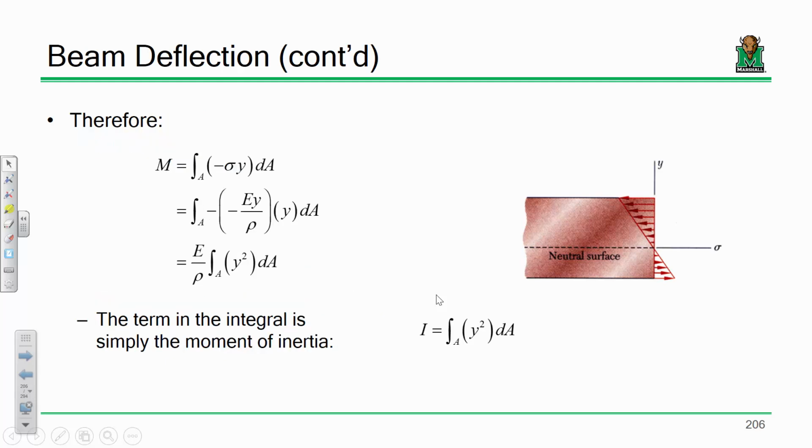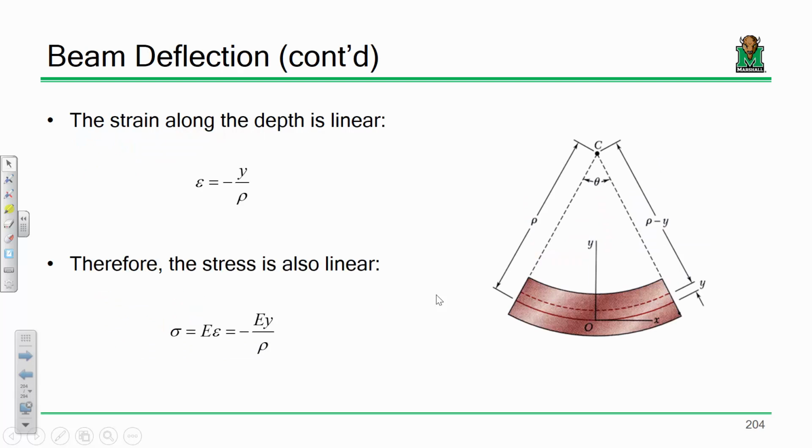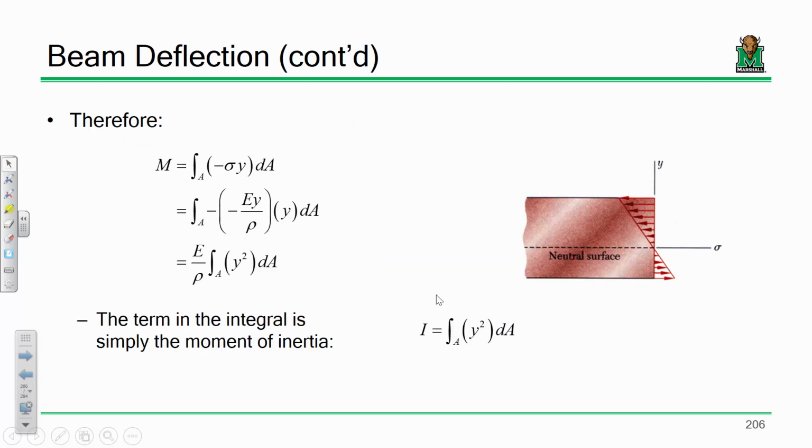All right, here's my expression for moment. I had already defined what stress was, so I'll plug that in, and then factor out everything that's a constant. I'm left with an integral of y squared dA. What is the integral of y squared dA? We've already seen that before: that's the moment of inertia.